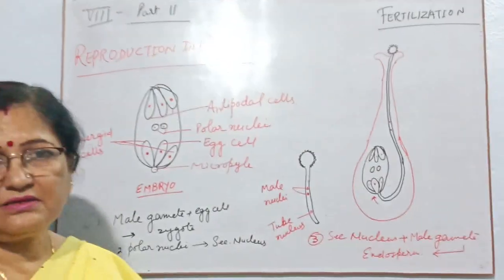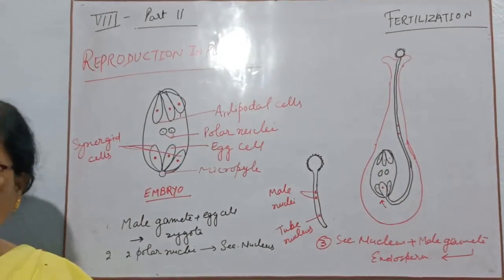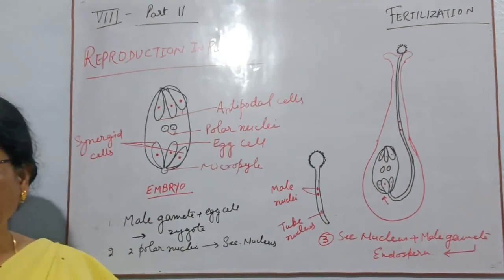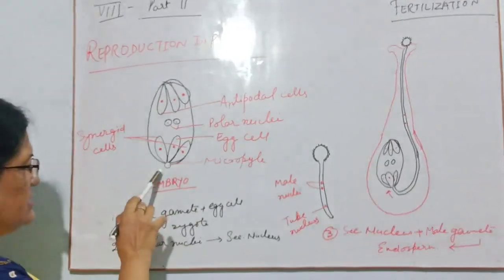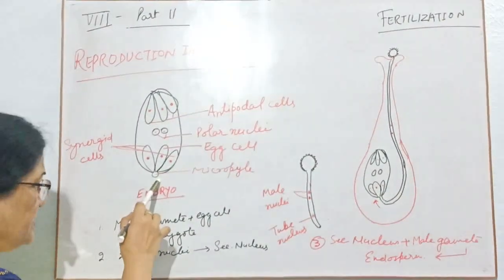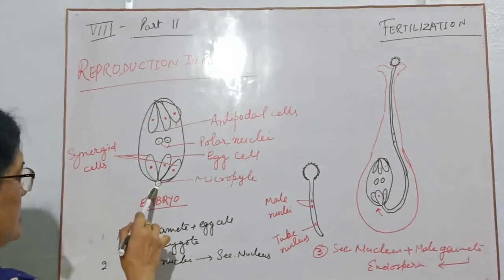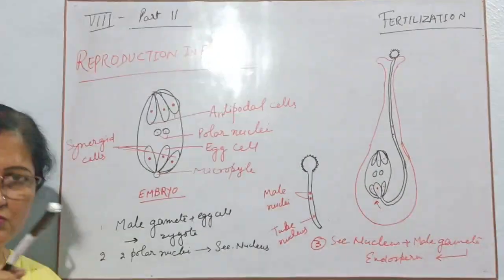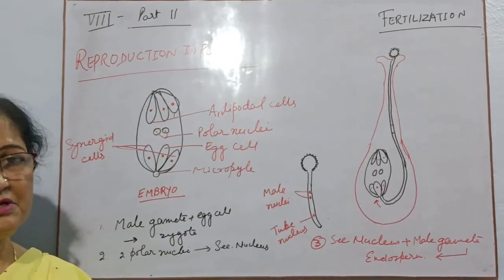And children, one thing I want to tell you: you have seen one hole in each and every seed. This is called the micropyle. This micropyle is present just beneath the female gamete, and it is a hollow pore. It helps the seed in 2 ways.